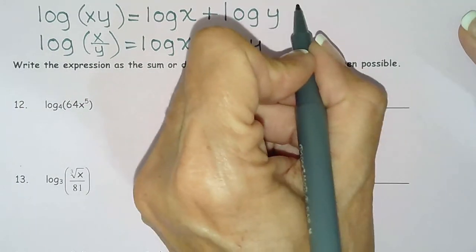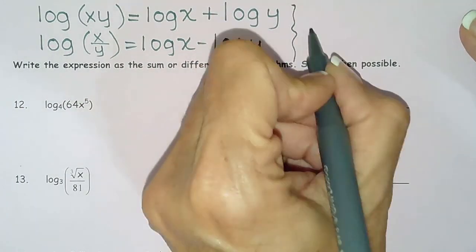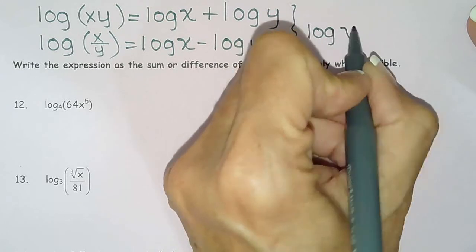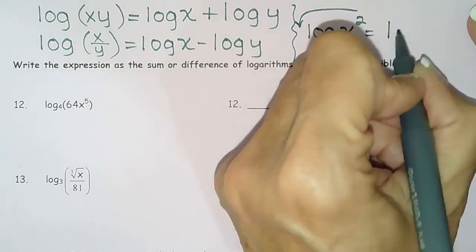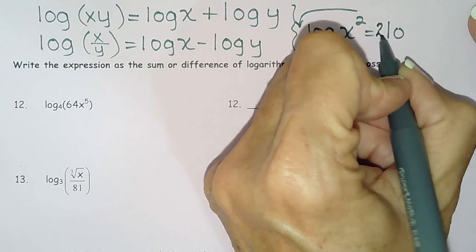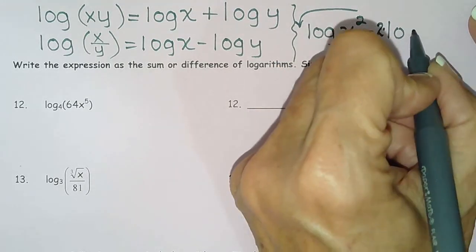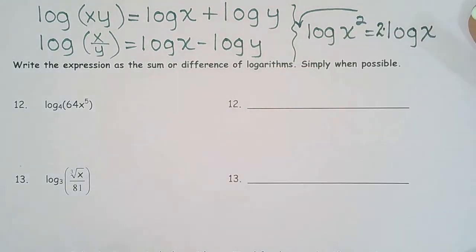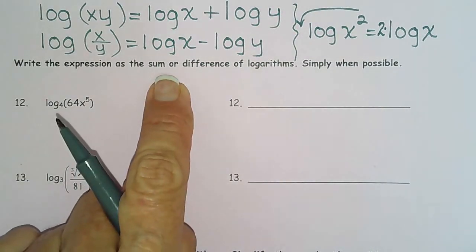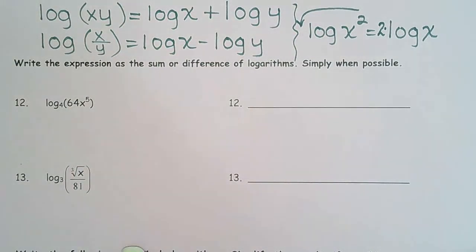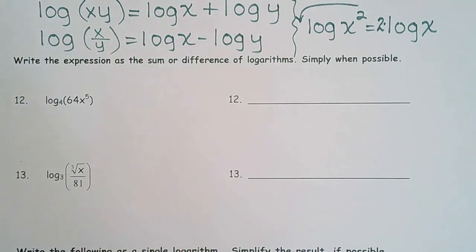And then last we had the power rule, which says take the power and put it down in front. So that'd be 2 times log of x. Those are the properties we use for expanding and for condensing. If you have them up there, then you can keep looking at them.